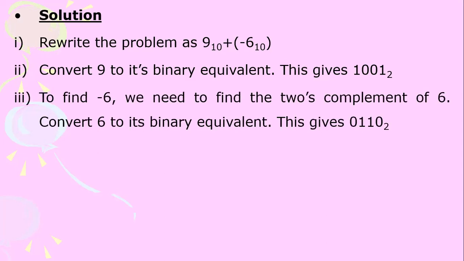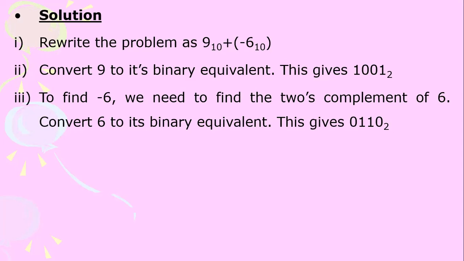Then to find negative 6, we need to find the 2's complement of 6. So we convert 6 to its binary equivalent. This will give us the binary equivalence of 6 is 1, 1, 0.